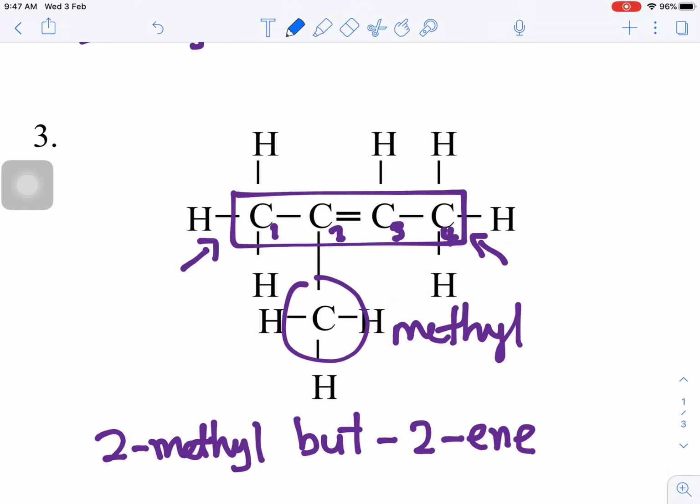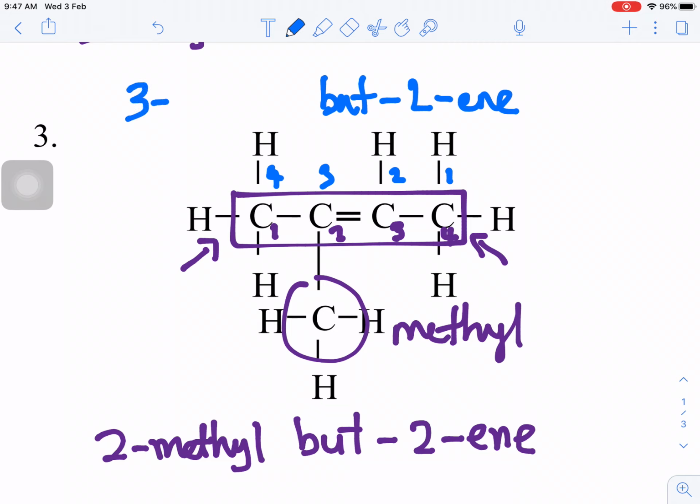Okay, what happens if we number the carbon from here? 1, 2, 3, 4. So we get but-2-ene, but then the methyl is located at carbon 3.